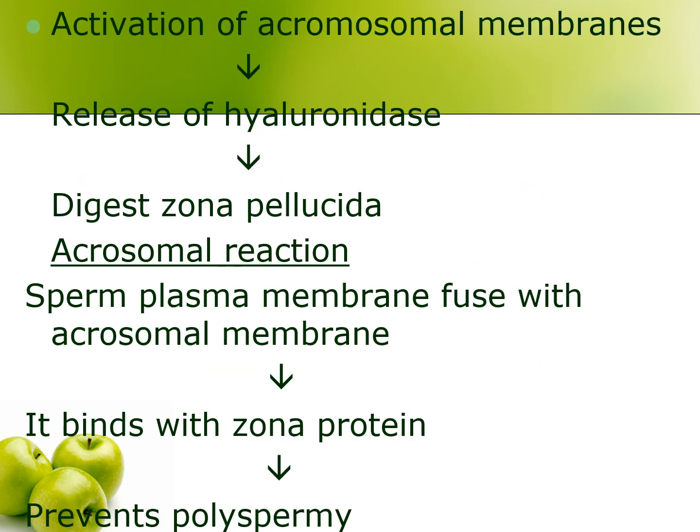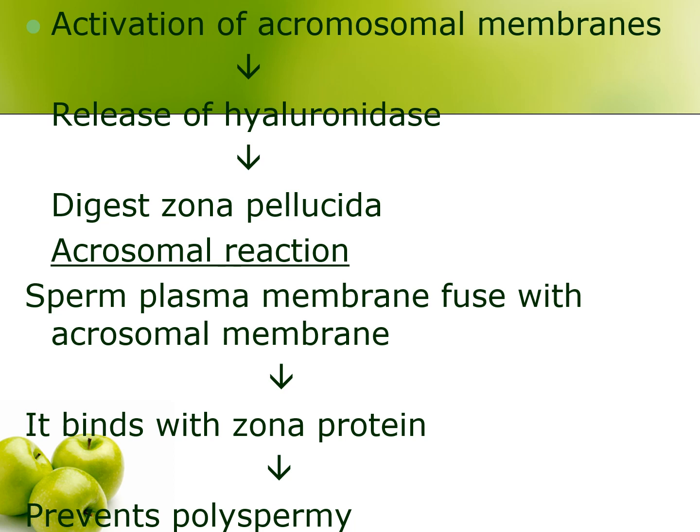That is, activation of the acrosomal membranes will occur, and these acrosomal membranes will release an enzyme known as hyaluronidase. This hyaluronidase helps the sperm to digest the thicker zona pellucida of the secondary oocyte. In the ovum structure, we have seen the outer corona radiata, the vitelline membrane, and inside the vitelline membrane, the thick mucoprotein zona pellucida.